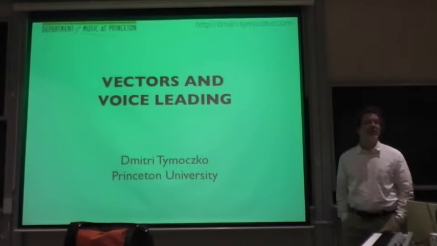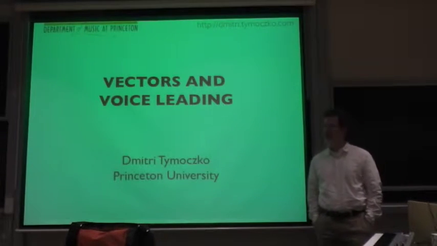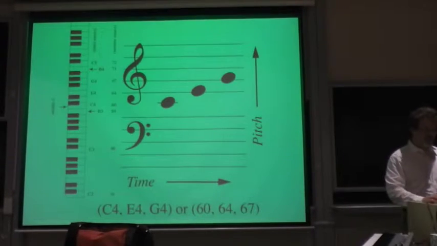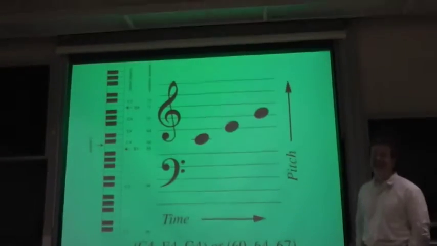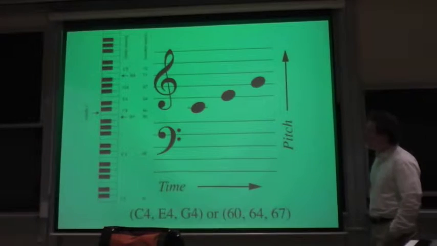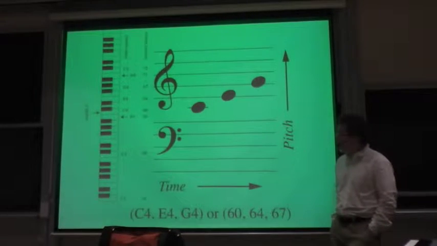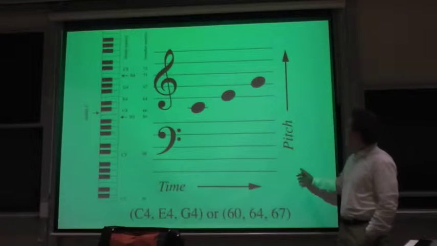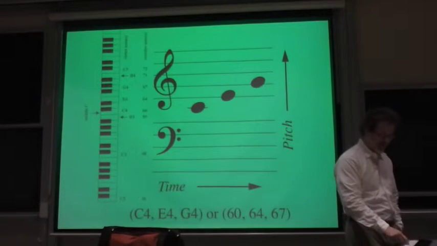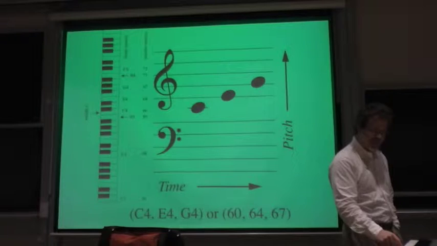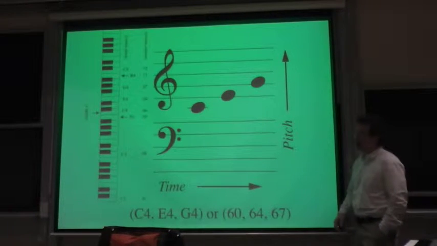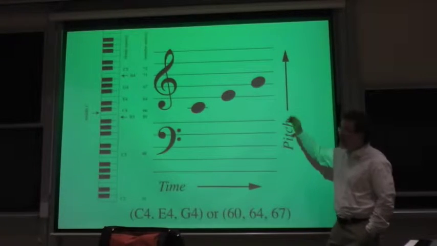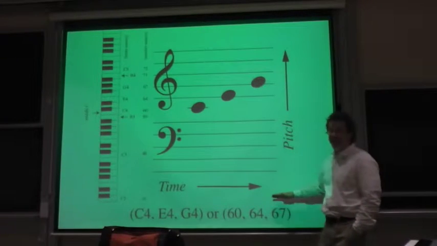How many of you read music? Okay, good. The majority. For those of you who don't read music, you're going to see some notation. The thing basically to realize is that musical notation is a graph, a two-dimensional graph, and pitch, which is the respect in which those notes are all different, goes on the y-axis, and time goes on the x-axis.